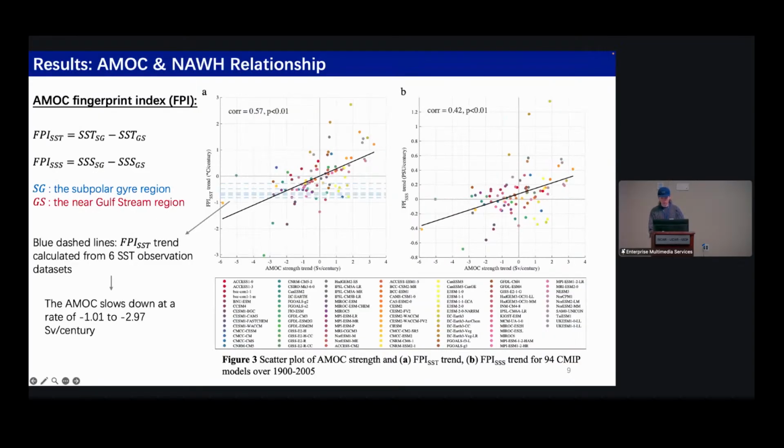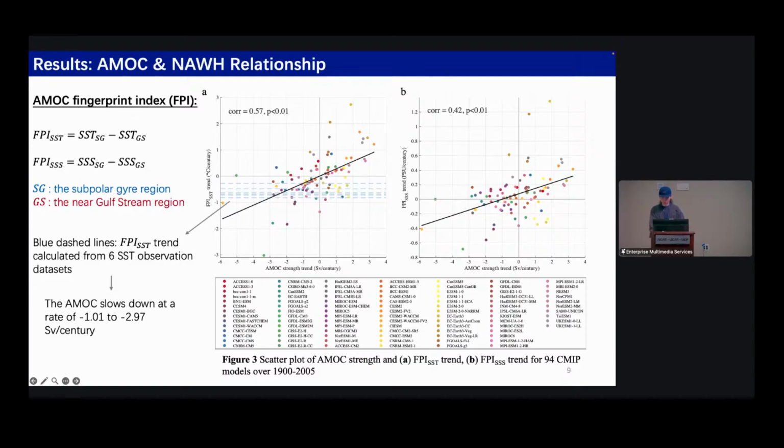Based on these two regions, we defined the AMOC fingerprint index, FPI. We have the FPI SST equal to SST in the subpolar gyre region minus the SST in the Gulf Stream region. And the FPI SSS is the same but for the salinity.